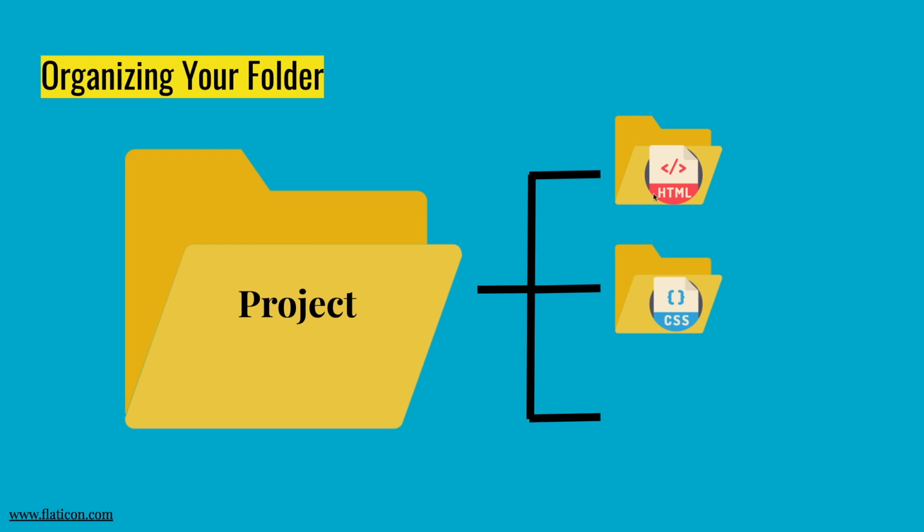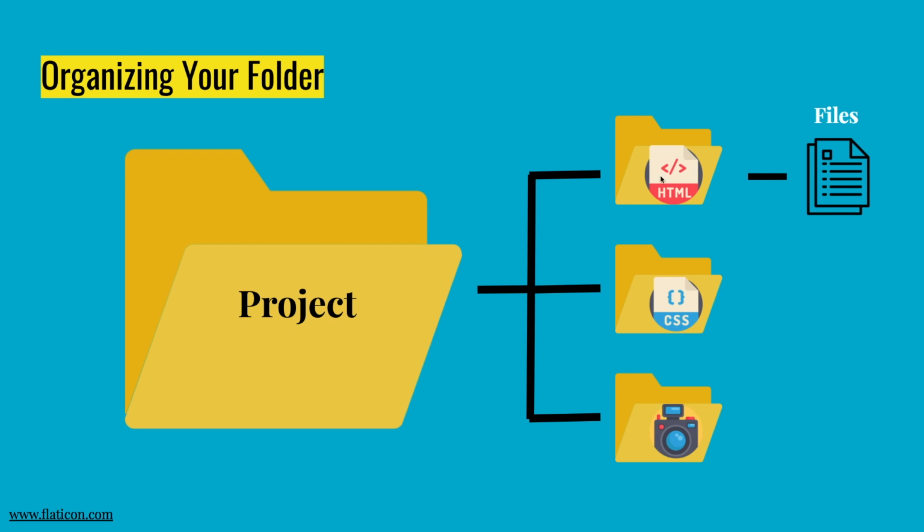And then I'm going to point out where our CSS is going to be. And we will add an image folder. What you're basically going to be doing is in your HTML folder, you're going to add your files. And you will have in your main project, in the end, 3 HTML files.